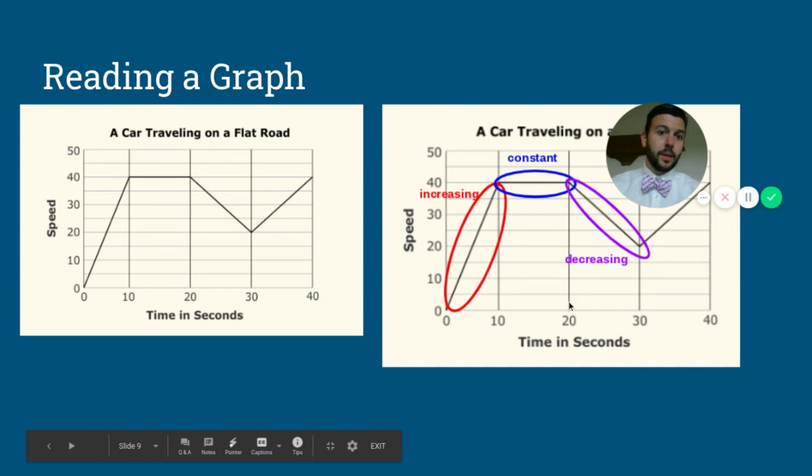So this might be a little chaotic here, showing increasing, constant, and decreasing. The reason why I have all of those circled there is because I want to explain that at the x-axis at the bottom, it has time. So from 0 to 10 seconds, the speed of the car is increasing. But from 10 to 20 seconds, the car is going at the same speed.